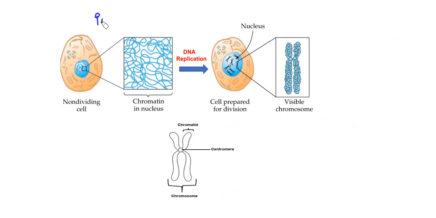With prophase, what you will see is that your chromosomes, your DNA, appears as a chromatin network. You cannot see this, it's not visible.